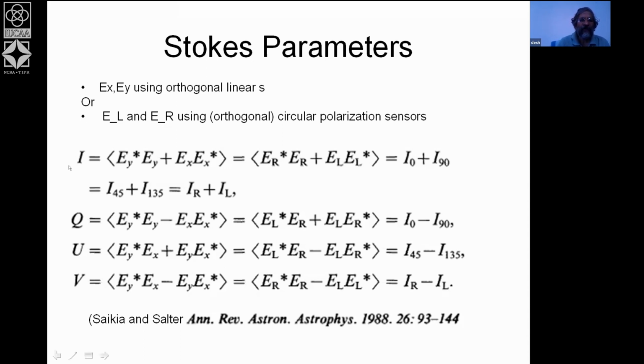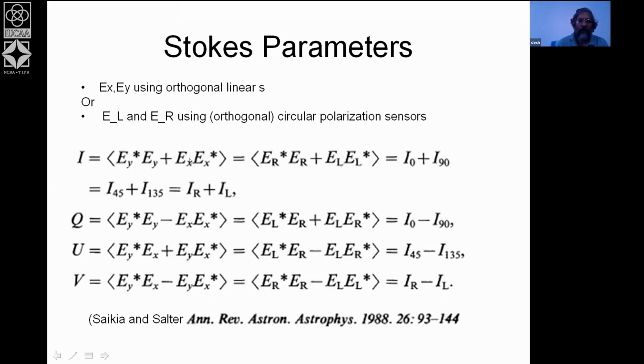This is the quantity that, regardless of the state of polarization, will give us the associated intensity in both the modes, normal and the orthogonal mode, whichever components we are taking. So it could be, in the case of linear polarizations, some reference orientation, and another orientation 90 degrees away from it.